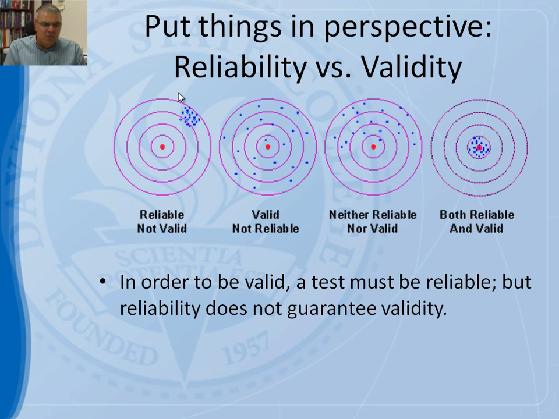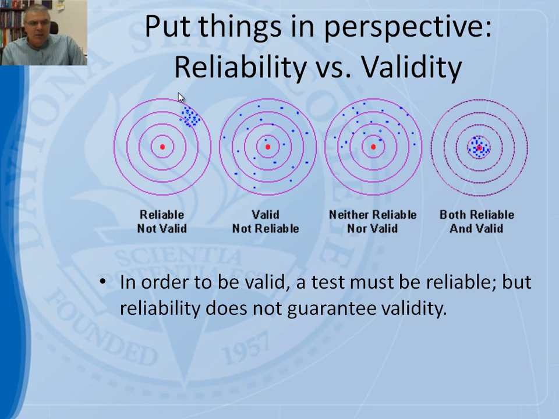Just realize that if you have a target and you are shooting at a target, start from the left-hand side, the left-hand target. The data for this left-hand target are reliable, but they're not valid because they are way off the target.